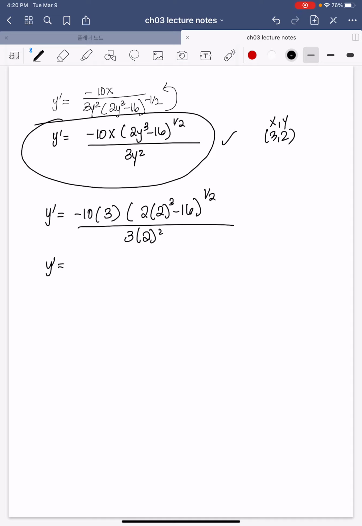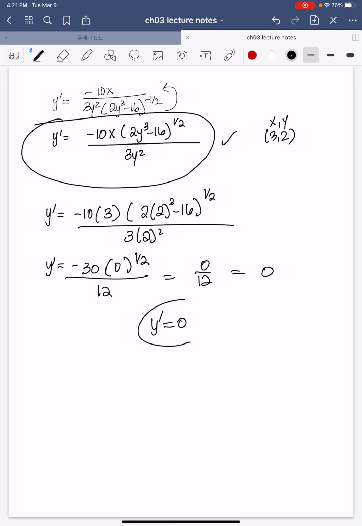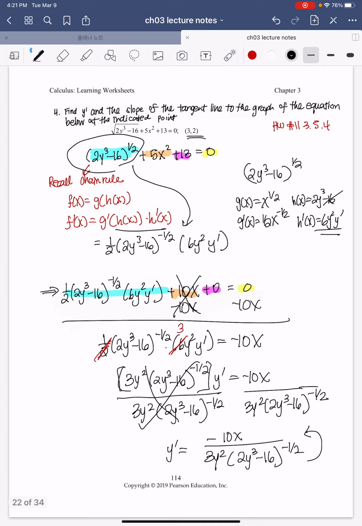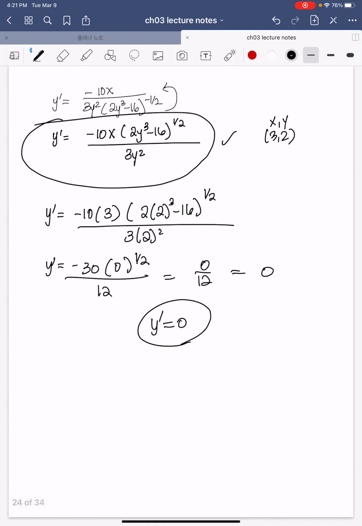So y prime equals negative 30 times (2 cubed is 8, so 16, minus 16 is 0) raised to 1/2, over 4 times 3, 12. The square root of 0 is 0, so negative 30 times 0 is 0, over 12, equal to 0. So y prime equals 0. So the slope of the tangent line to the graph at the given point (3, 2) is 0. Okay, that's it for section 3.5.